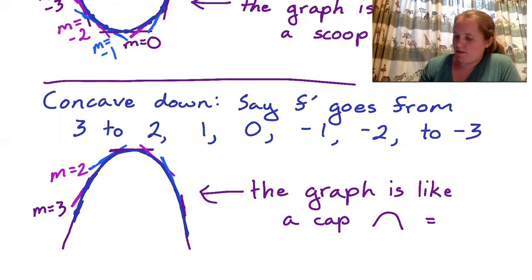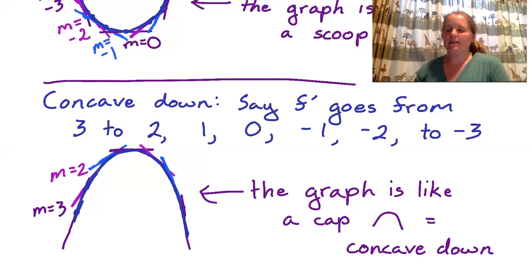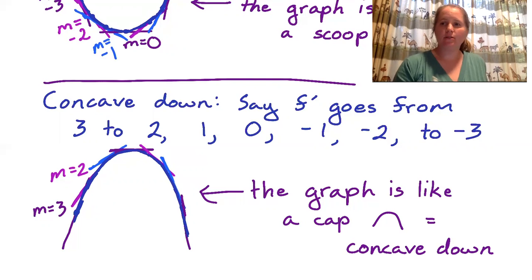And so we call this concave down. It's like a cup that's facing downward, or upside down. So this is just the basic idea of concave up and concave down. In the next video, we will look at the relationship between concavity and the second derivative.